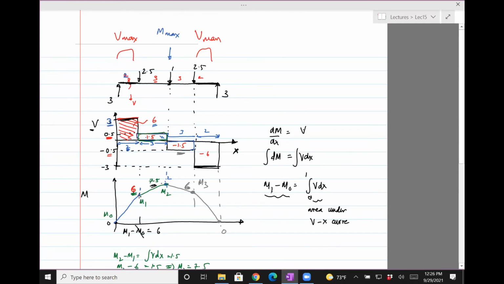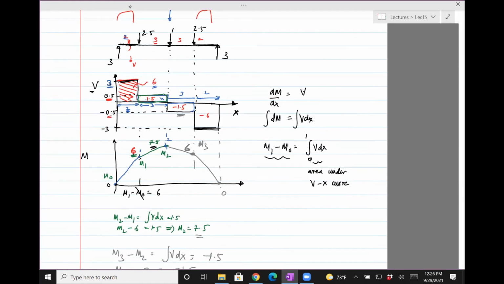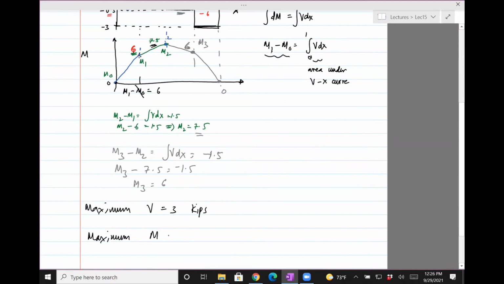So that's 7.5. So we just need that value, and the units are going to be kip. The length was in feet. So since we used feet for the length, this will be kip feet.